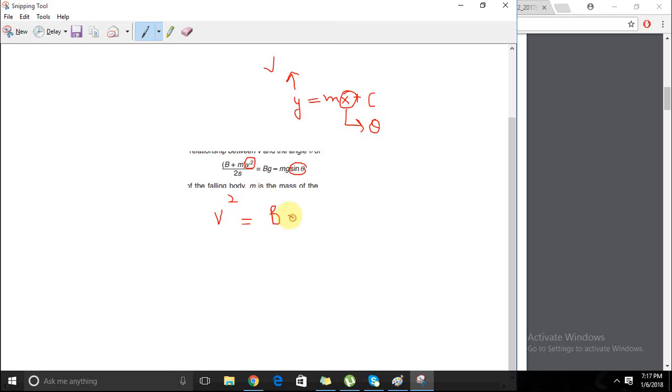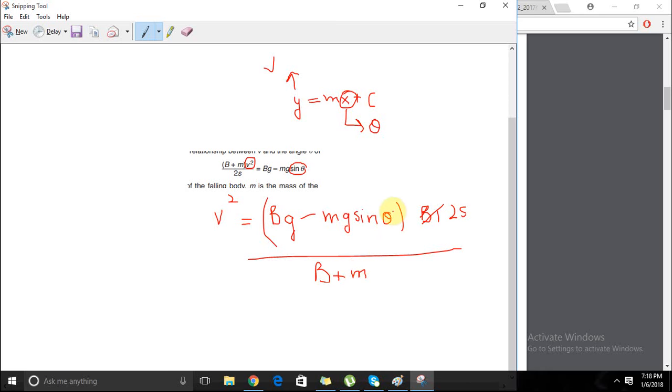So this comes at bg minus mg sine theta, and this would be multiplied by b plus m, remember, not b into m, multiplied by 2s, divided by b plus m.